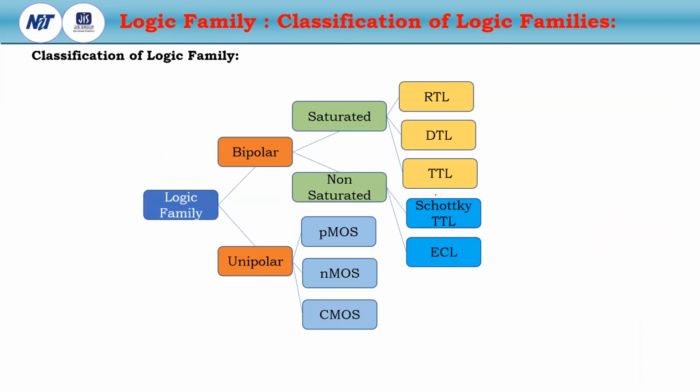Now come to the main topic, that is the logic families. Till now, I already described the parameters which a logic family of digital ICs should have: the V level, I level, fan in, fan out, power dissipation, figure of merit, propagation delay, power delay product, and the noise immunity and the noise margin.